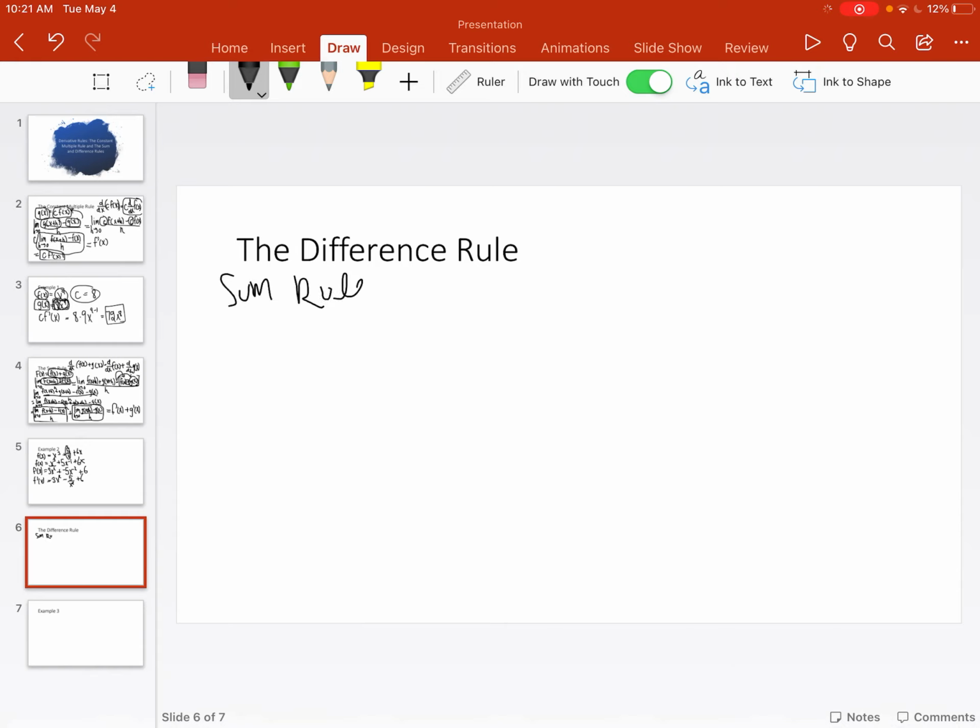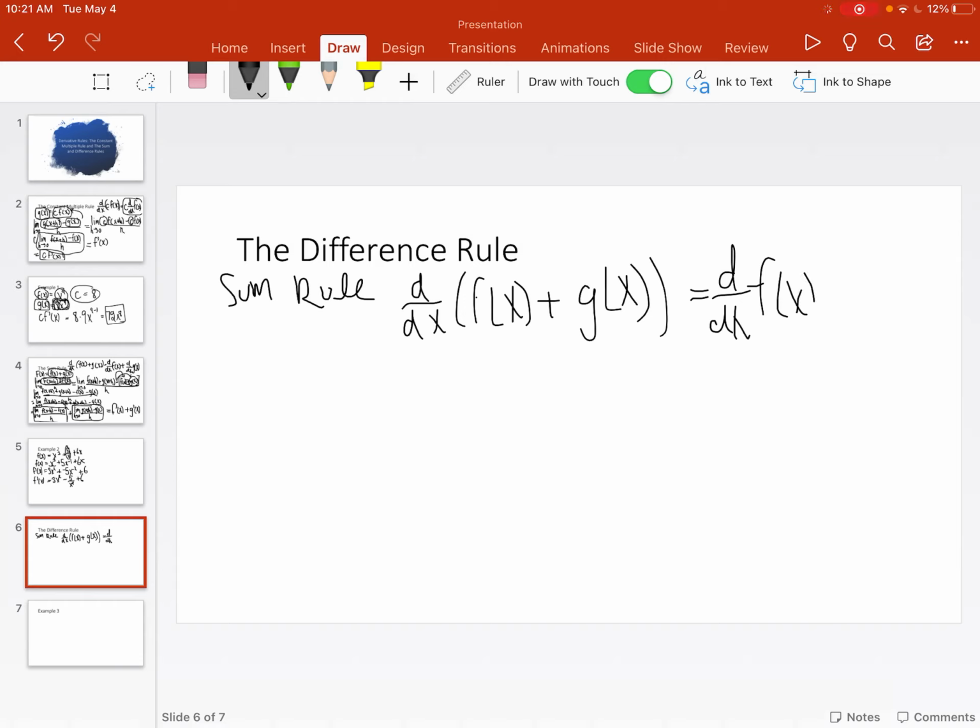So recall the sum rule was just saying that the derivative of the sum of these two functions, f of x and g of x, is just equal to the derivative of each function on its own and then summed together. This is what it said.